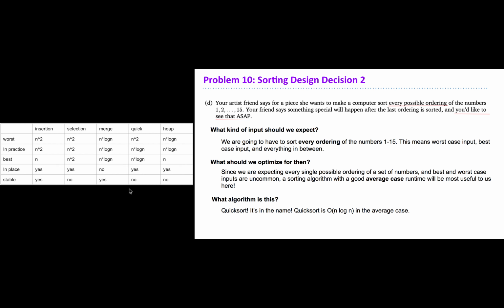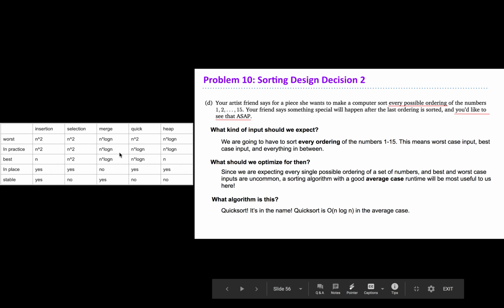This is actually the algorithm that a lot of coding languages use to implement their sorts, which is kind of funny, right? Because the worst case runtime of quick sort is n squared, but it still ends up in practice being a really good sort to choose for sorting arbitrary data. So basically, quick sort is n log n in the average case, and as an aside tidbit that we don't really expect you to know, it ends up having better constant factors than merge sort or heap sort.